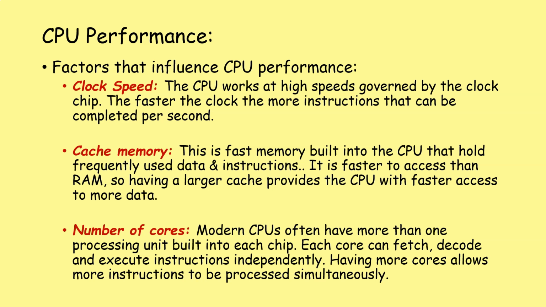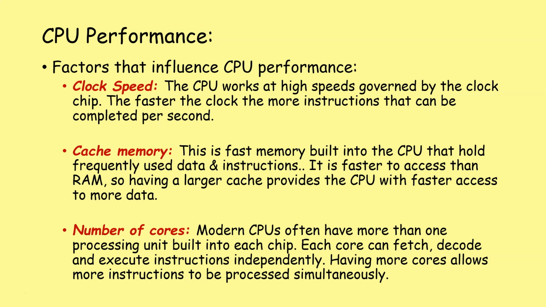Major factors that influence CPU performance. Clock speed. The CPU works at high speeds governed by the clock chip. The faster the clock, the more instructions that can be completed per second. Cache memory. This is fast memory built into the CPU that holds frequently used data and instructions.